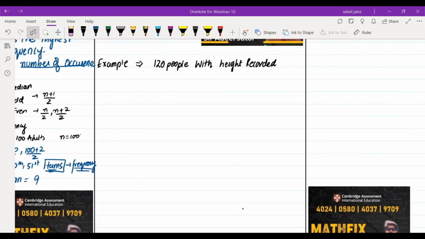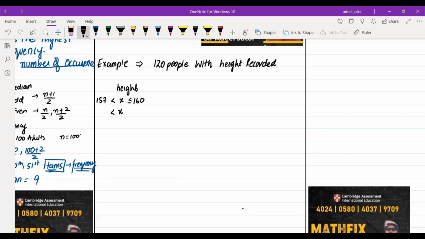So let's put down the example question as in height. Let's say x, we start off with 157 till 160.